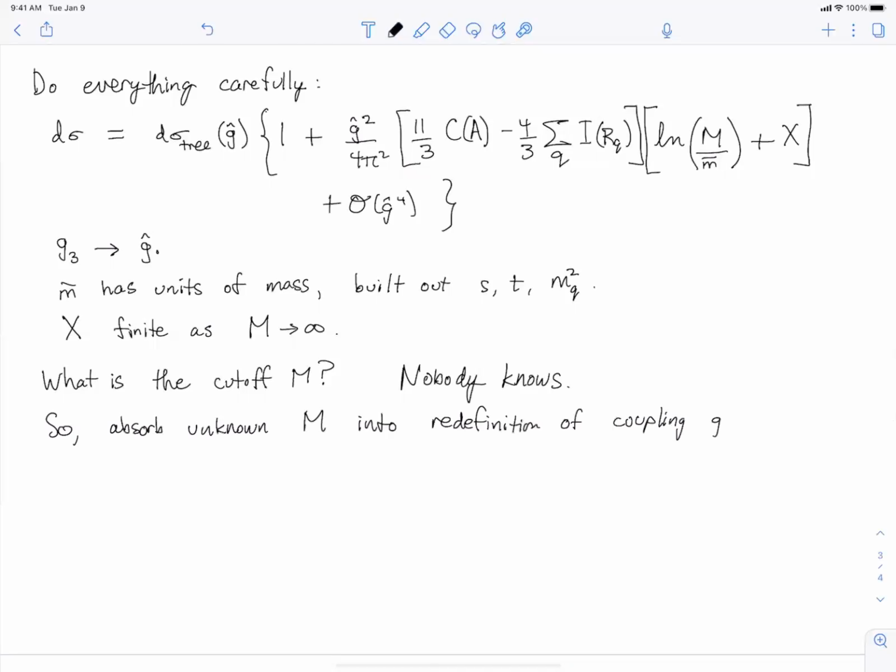So in this case, the coupling is G hat. Any questions so far? We're doing renormalization, which is a notoriously tricky business.